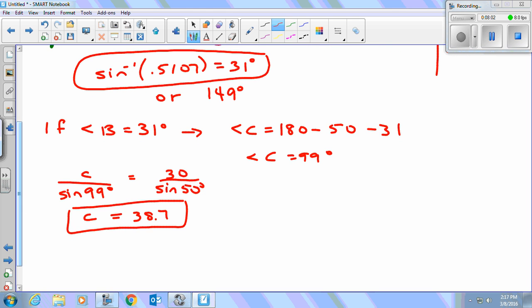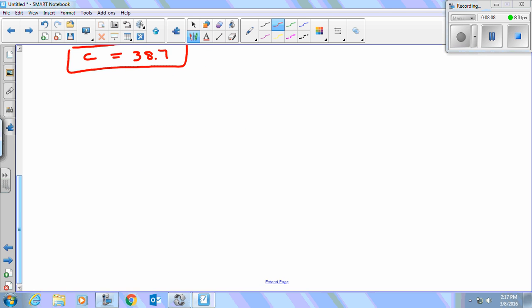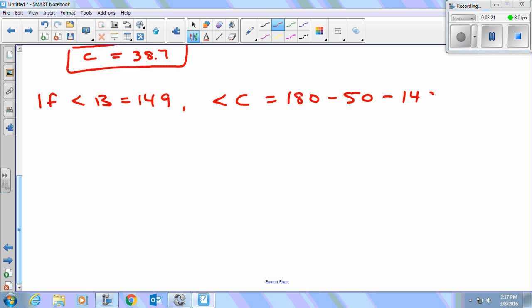Let's take a look at what happens if we try the second angle we got, the 149 degrees. If angle B equals 149 degrees, then what is angle C going to be? It's going to be 180 minus the 50 for angle A minus 149, which gives us -19 degrees.